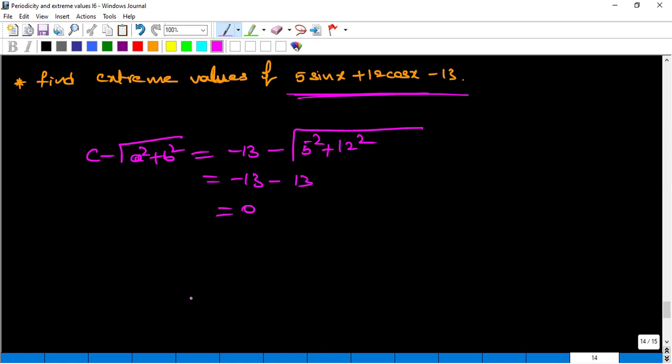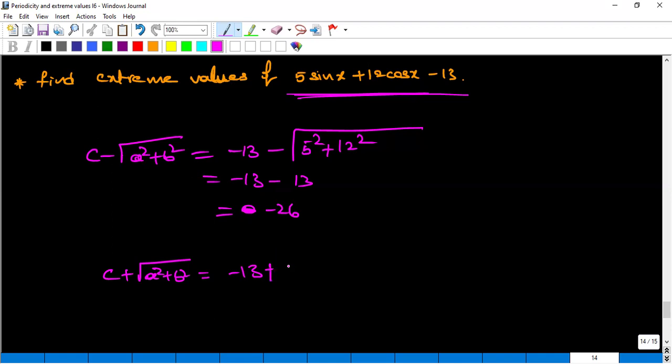So the least value is minus 26. Then what is the highest value? C plus under square root a square plus b square, which is minus 13 plus 13.